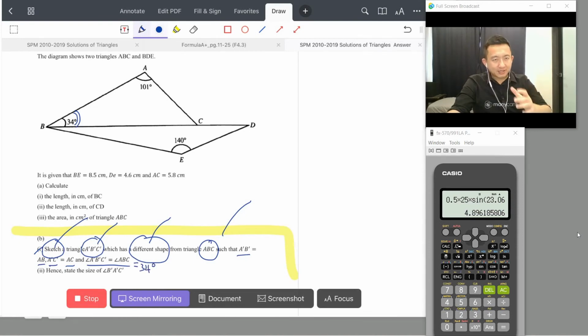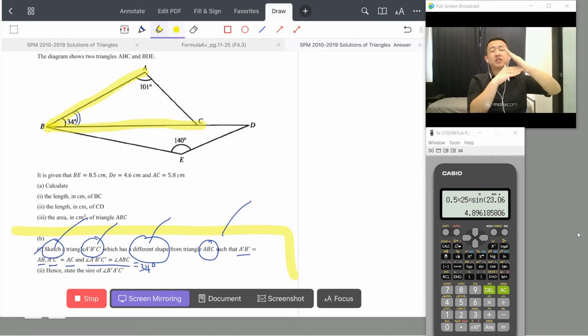So logically speaking, the two lines, AB and also BC, when they intersect, they form the value of 34 degree for the angle. So there is no way that you can adjust or change the shape, the location, the position of the lines AB and BC, whether it's more inclining or more declining.